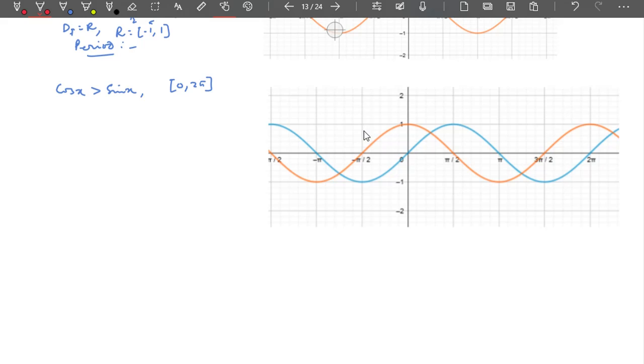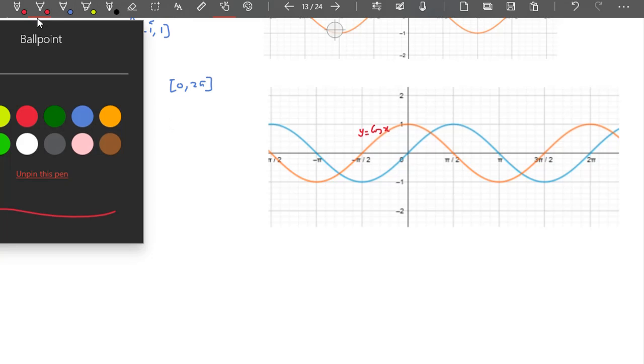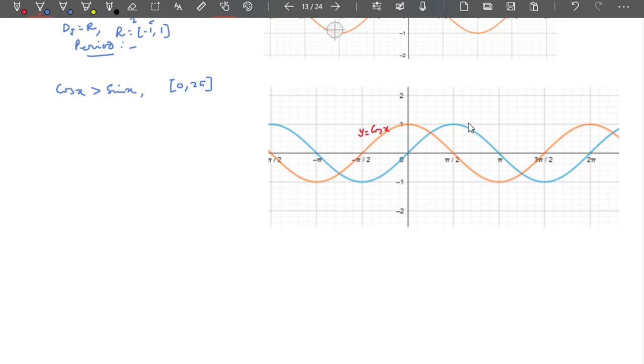This is y equal cos x, and the blue one is y is equal to sin x. Now the question is where cos x is greater than sin x in this portion.